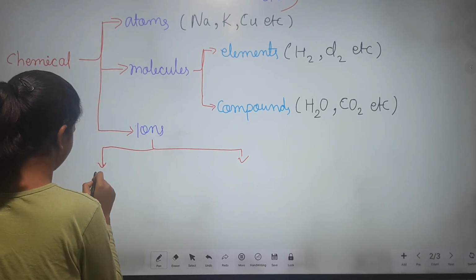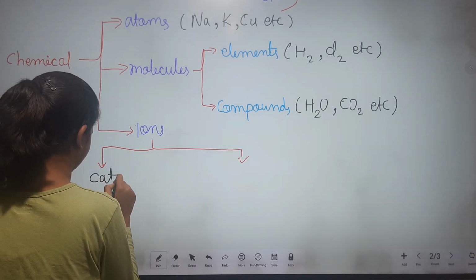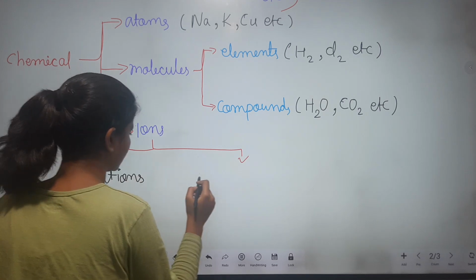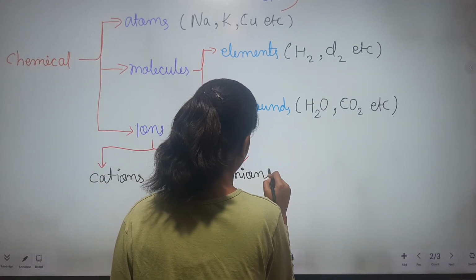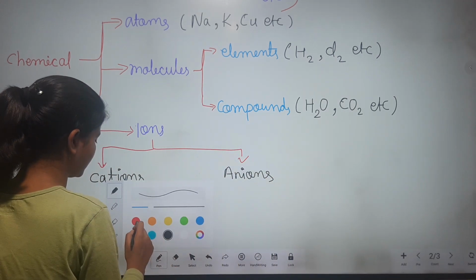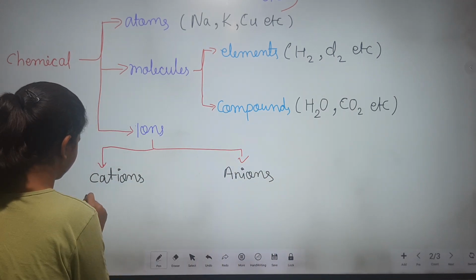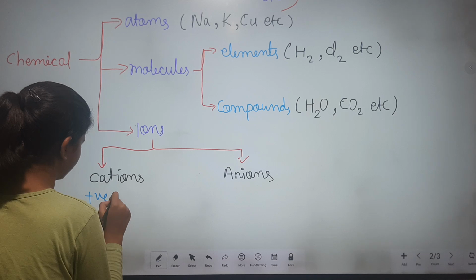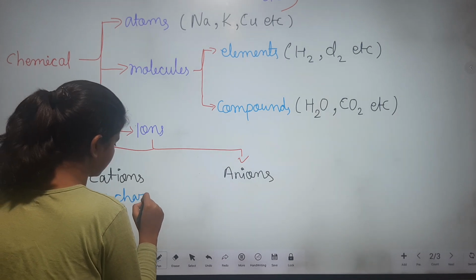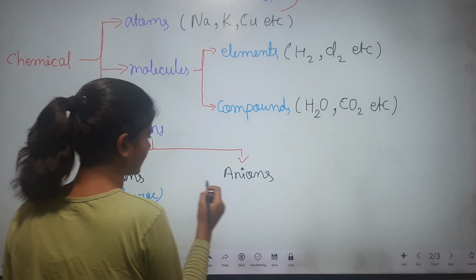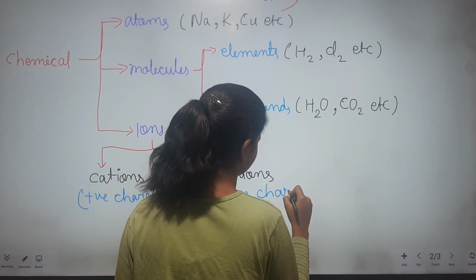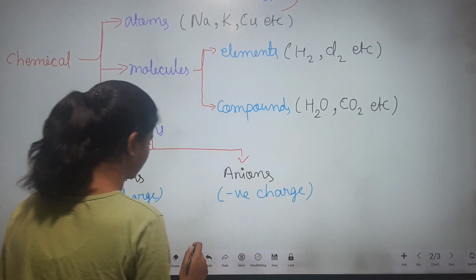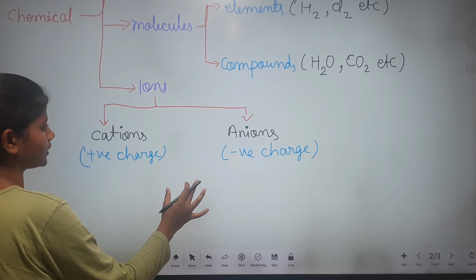Cations and anions. Cations are positive charge ions, and anions are negative charge ions.